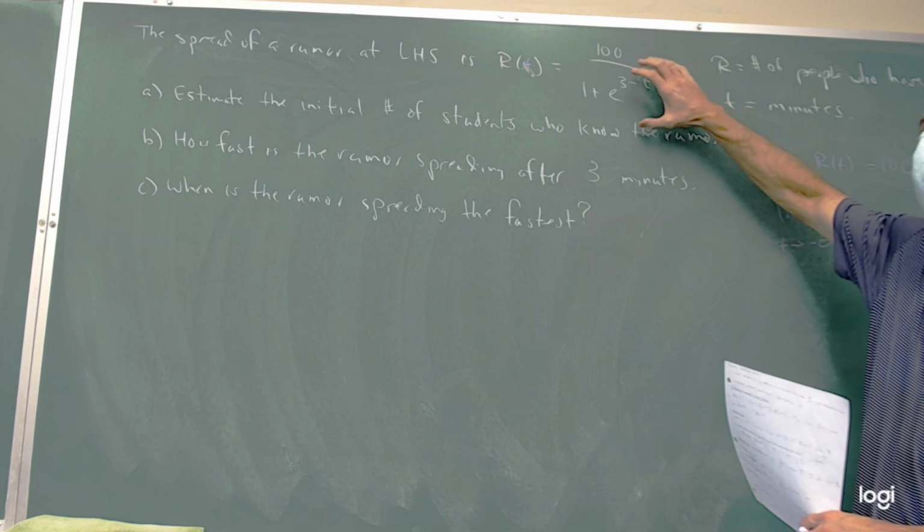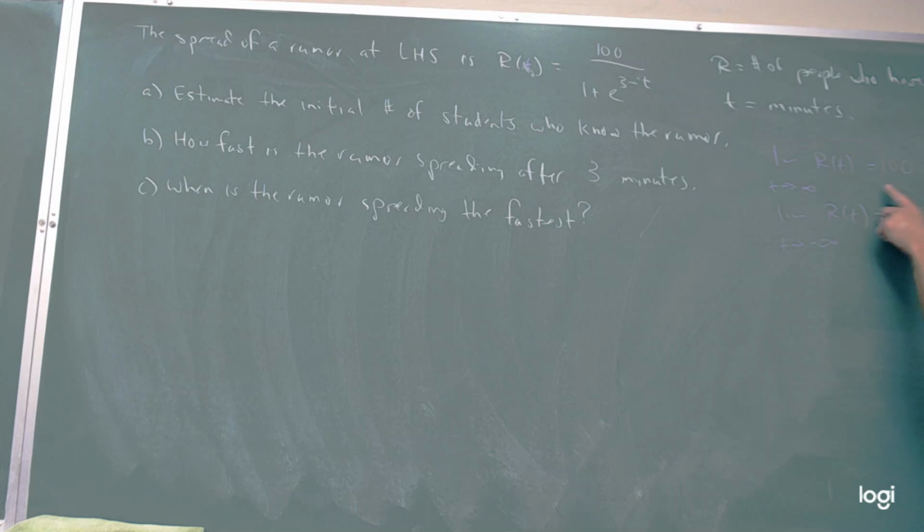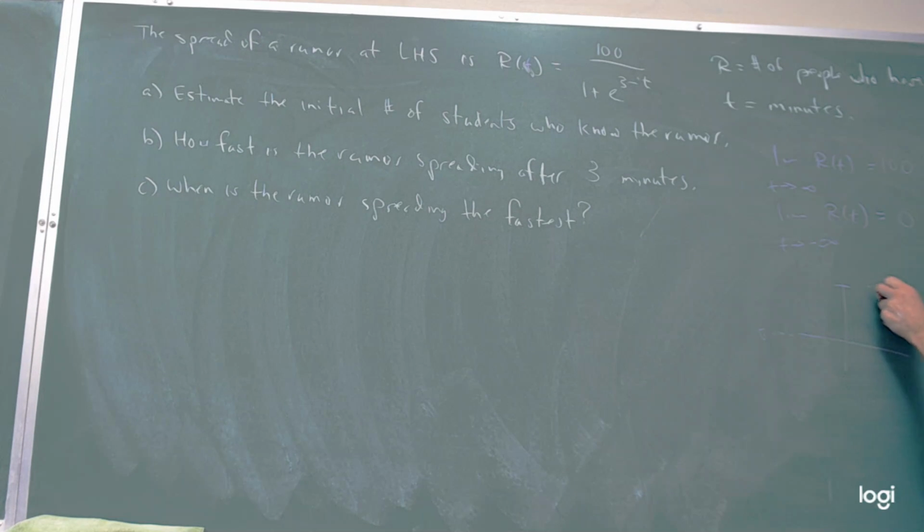So 100 over something growing large without bound goes to 0. You get a horizontal asymptote to the left of 0 and to the right of 100.